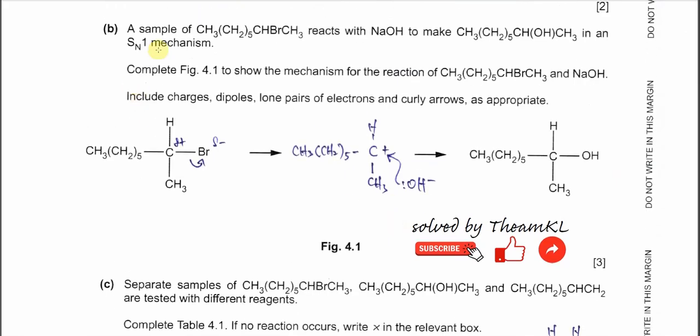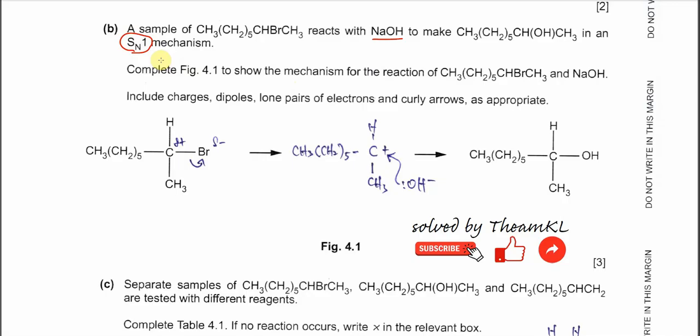Part B. A sample of this halogenoalkane reacts with sodium hydroxide to make this alcohol in the SN1 mechanism. It's already given as SN1. When you want to show the mechanism, you must follow the SN1 mechanism.